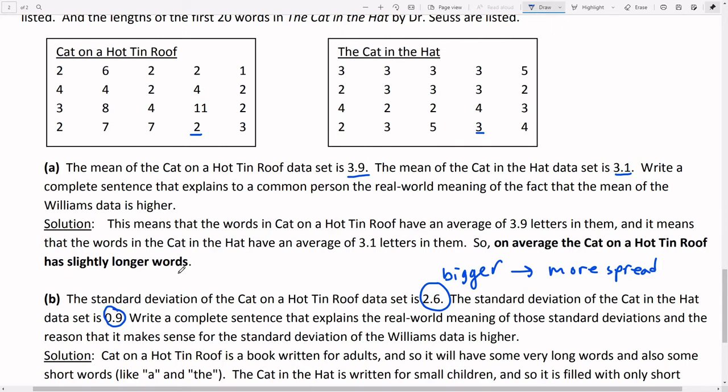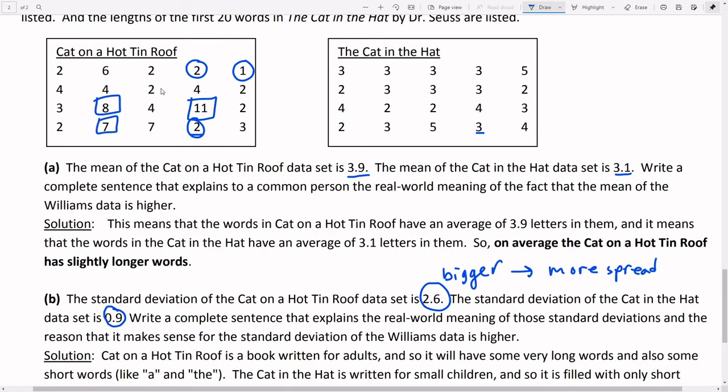Again, we're comparing. It means that this book has more spread, which I think if you just look at the numbers isn't too terrible to see, right? You've got some smaller words in here versus some pretty big words in here. And so there's some clear spread going on.